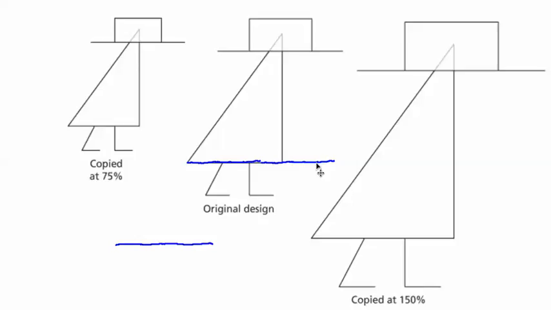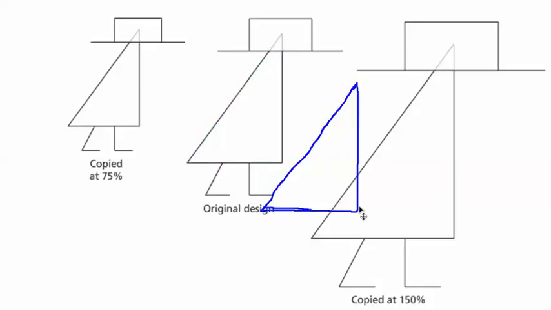All right, what about the angles? That's the next thing we need to look at. So what do you notice about the angles in this figure here versus the new figures? The angles will be the exact same. Can you move this triangle around and prove it to us, please?